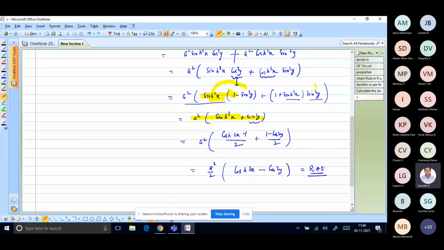Here you have 1 into sine square y and sine hyperbolic into sine square y. So this term will be cancelled with this into this. Or you write the complete term and cancel it. Nothing special is here.